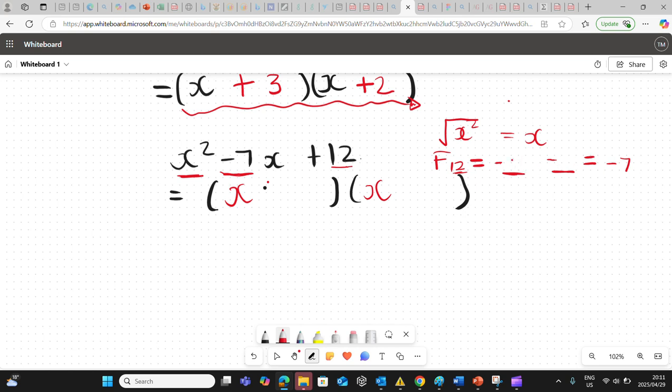Those are the ones we're looking for, because a negative 4 plus a negative 3 would give me a negative 7. So the negative 4 goes in there, and the negative 3 goes in there.